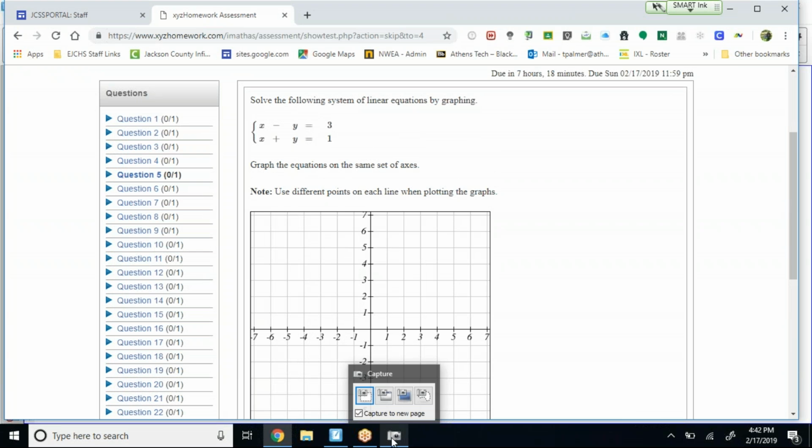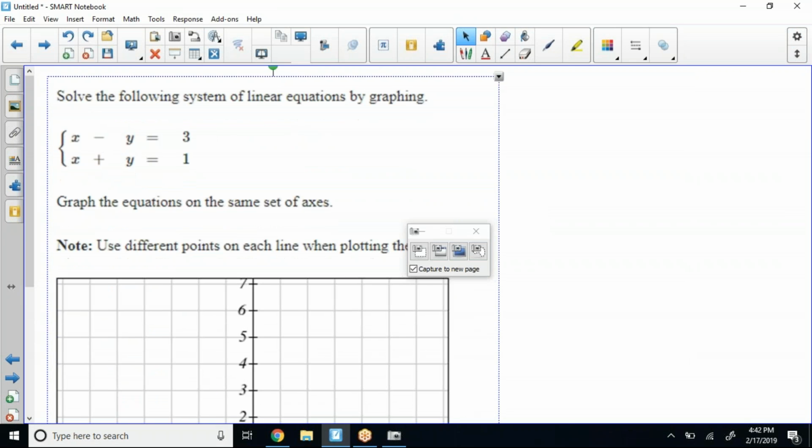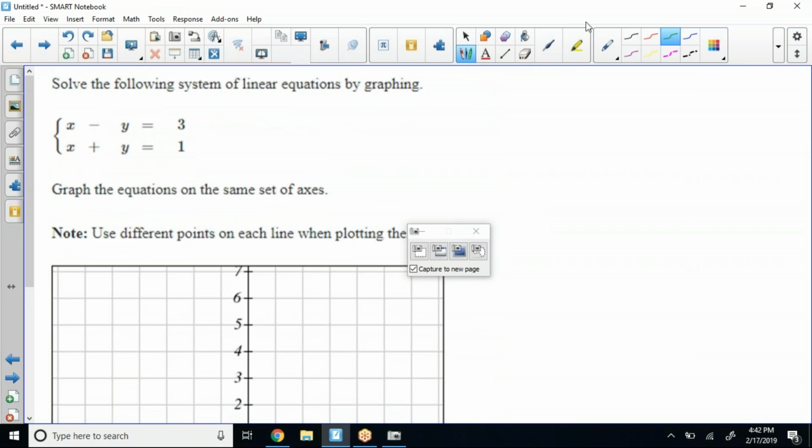I can't remember what I did with this problem. All right, here we go. It says solve by graphing, right? So you can do it one or two ways.